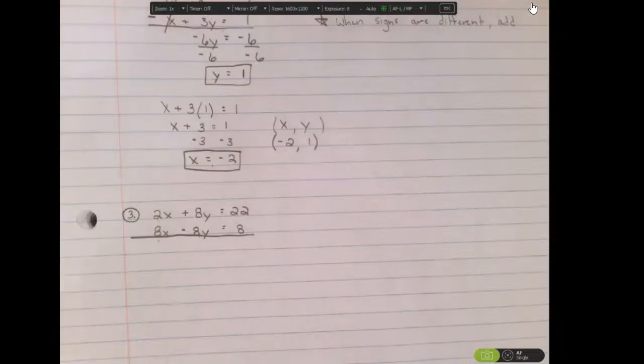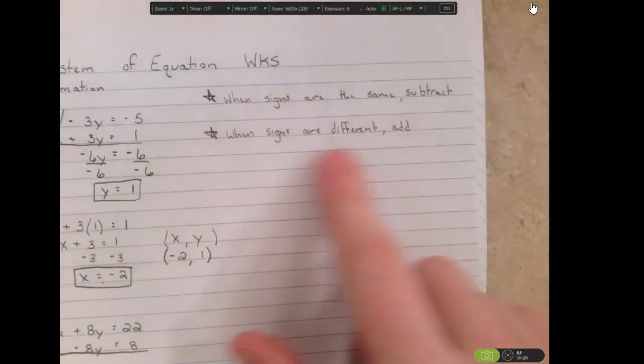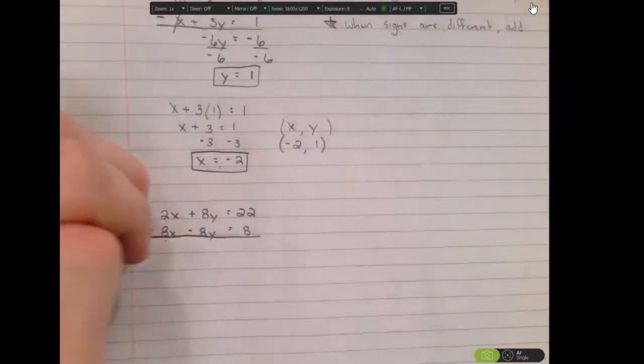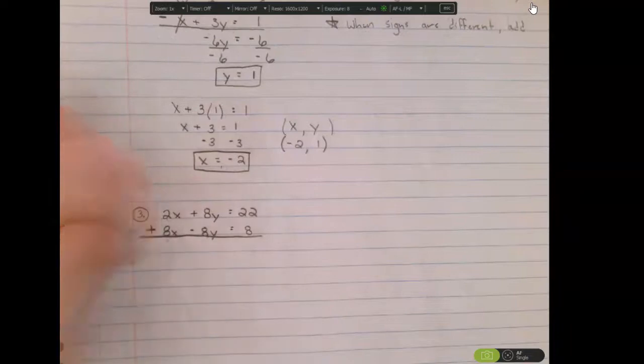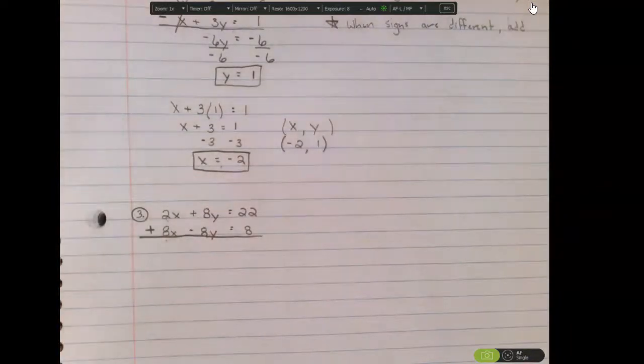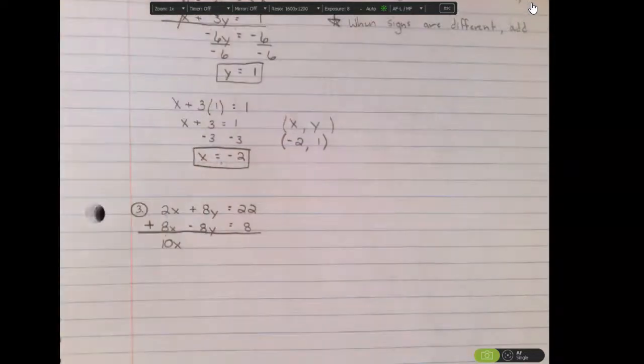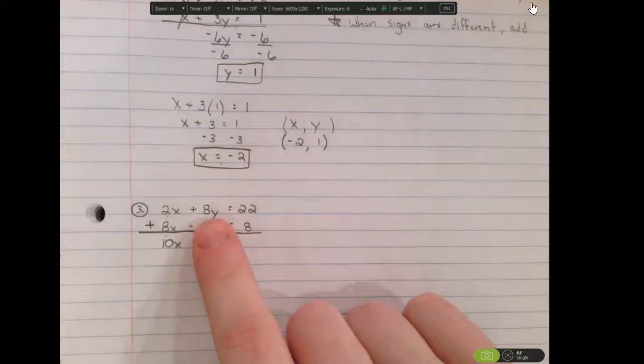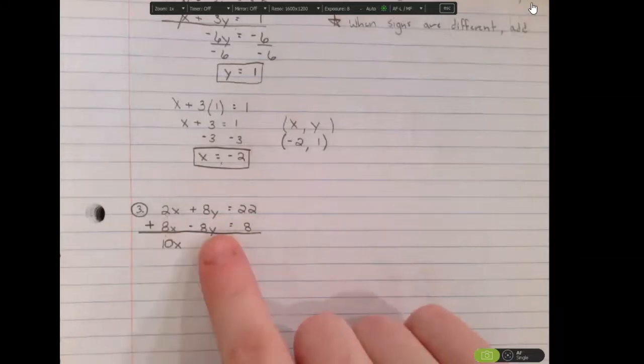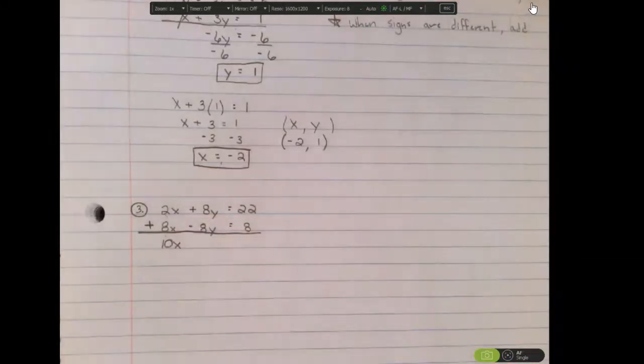Now let's look at the signs. I have a positive and a negative. When signs are different, add. So I'm going to add my two equations together. So 2 plus 8, 10x. 8 plus negative 8, that's equal to 0.